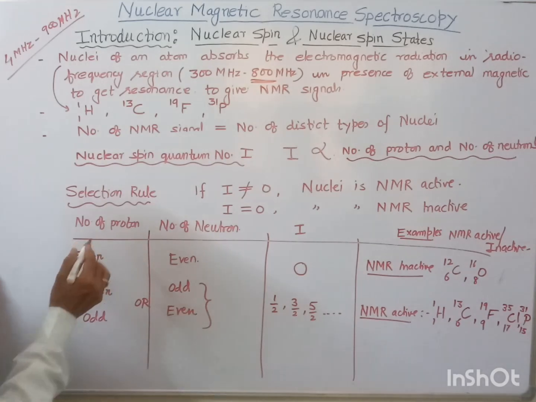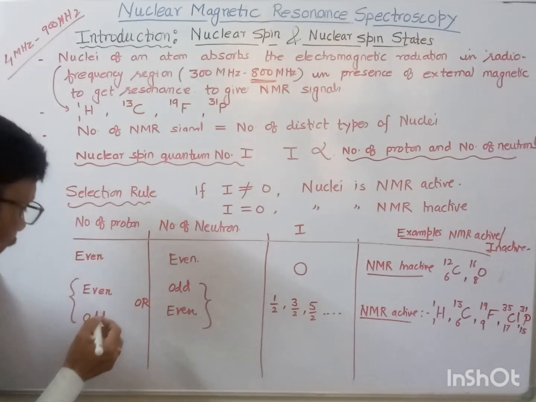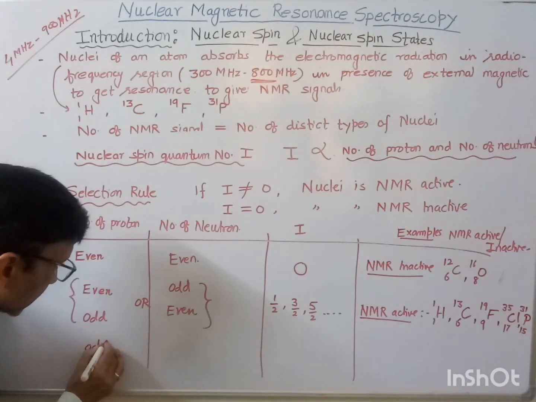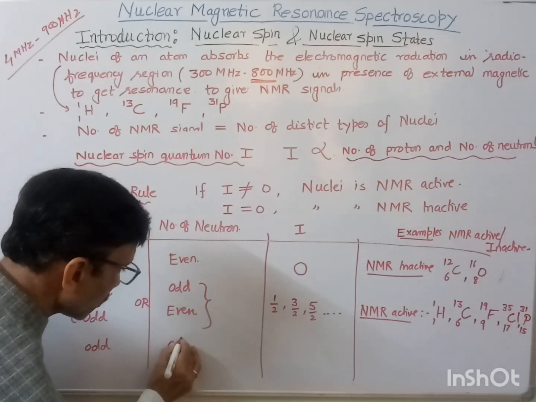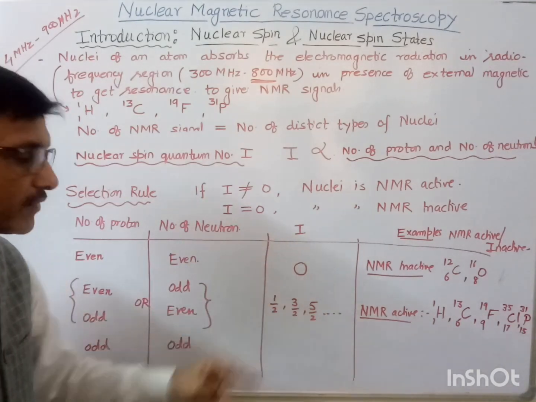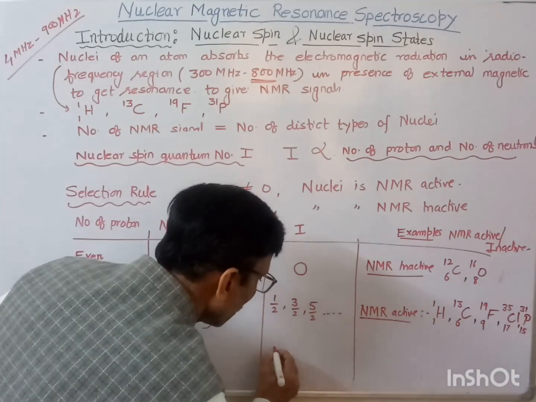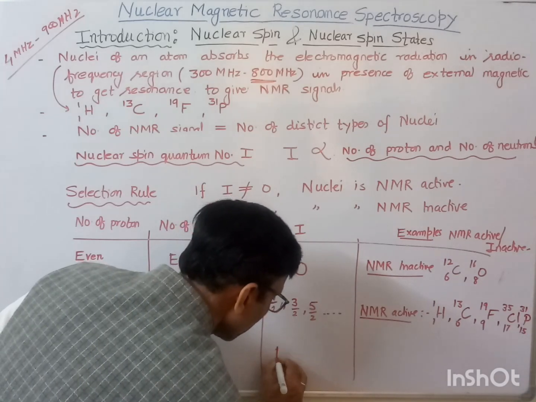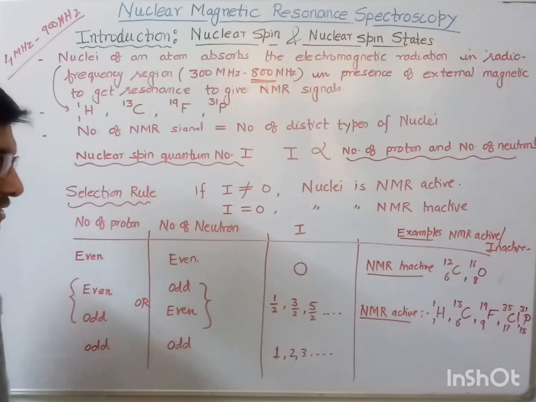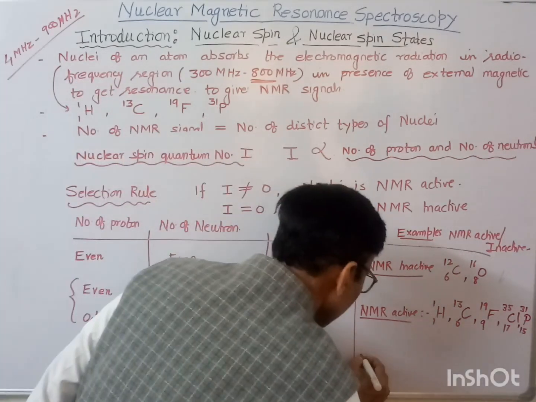Now, some examples where the proton is odd as well as the neutron is also odd. In such a case, the I value would be a whole number, either 1, 2, 3, and so on, and such nuclei are also NMR active nuclei.